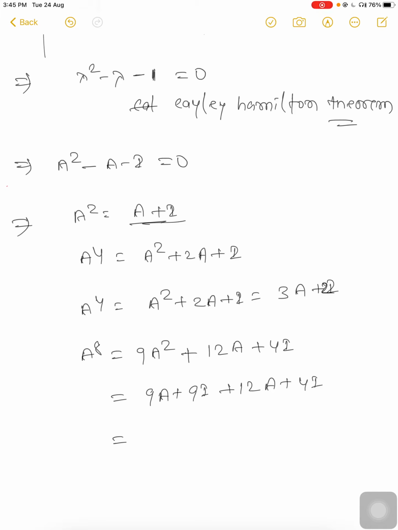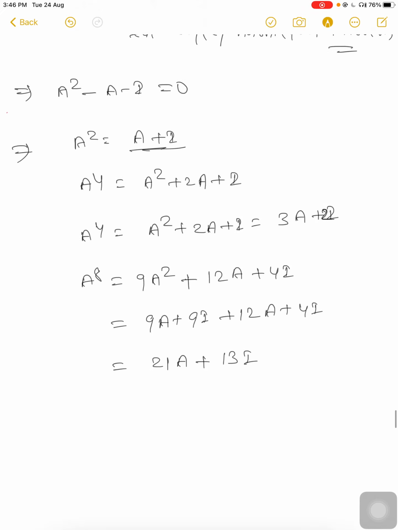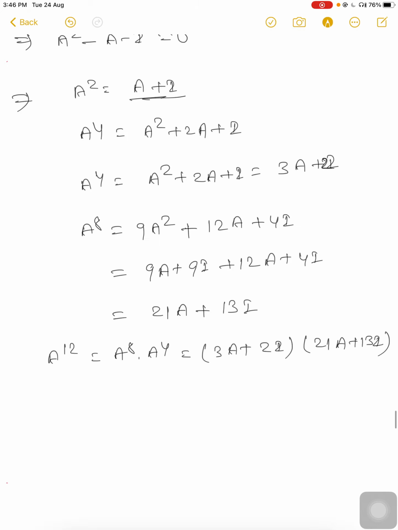So from here you will get 21A plus 13I. And A12 we can say A8 into A4, and A4 is 3A plus 2I and 21A plus 13I.